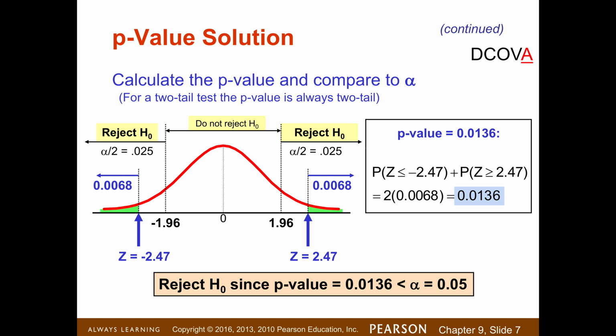So, p-value solution. Since we have a negative 2.47, we're going to find the area below that. That's easily done in StatCrunch. You guys learned to do that in normal distributions and sampling distributions. We multiply that by 2 because in a two-tailed test we have to account for both tails.